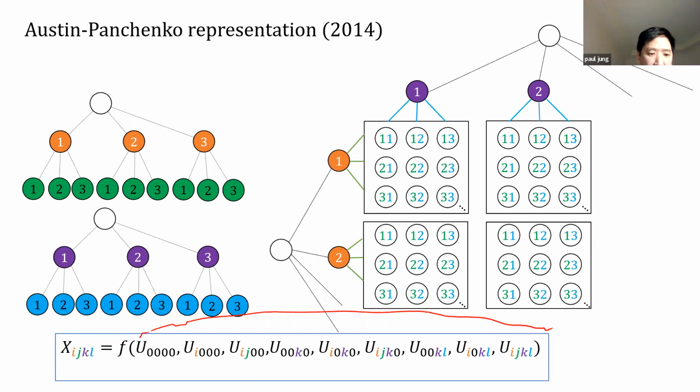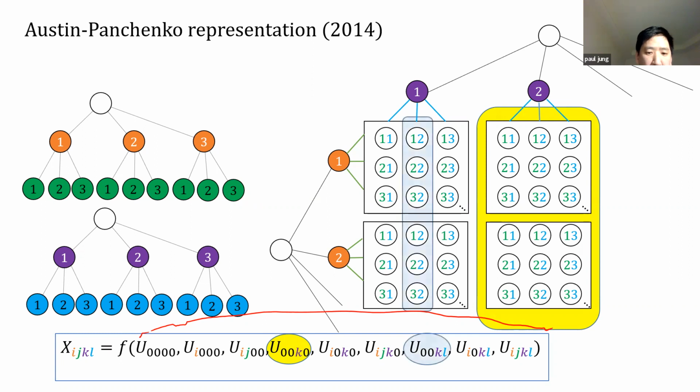And I'll speak more to that in a second. But let me just describe some of these uniforms. So this uniform right here, which is a big column, sort of controls this yellow big column. This uniform random variable here controls a small column. This uniform random variable here controls a small column within a big row. And you can continue in that fashion, and you can kind of see what each of these uniforms controls.